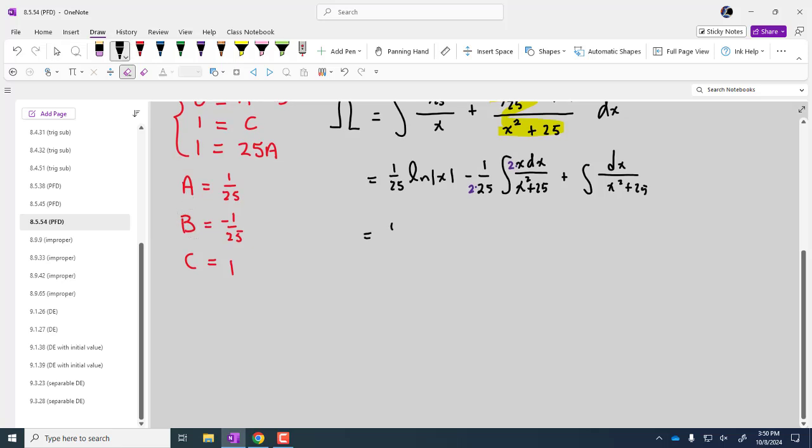So here we'll have 1/25th natural log absolute x minus, so out in front we have 1/50th natural log absolute value. We don't need absolute value here because this quantity x squared plus 25 is never negative.